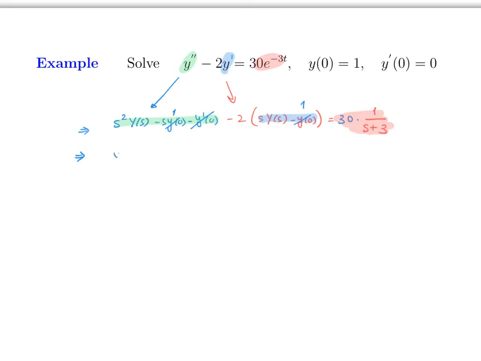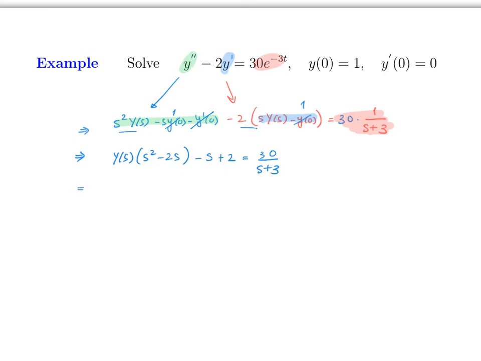If we factor capital Y of s, you will have s squared from this one, and then minus 2s from that one, and you don't have any more capital Y. From here you will have minus s, and then minus, and minus will be plus 2, and this is equal to 30 over s plus 3.